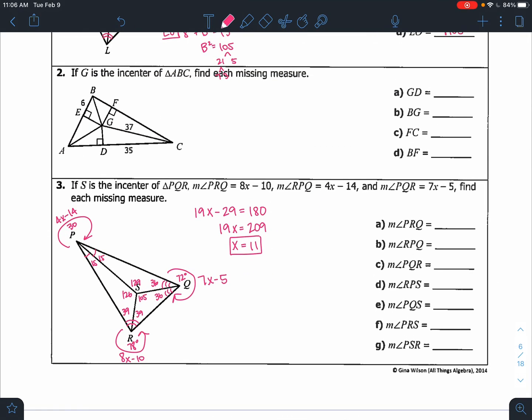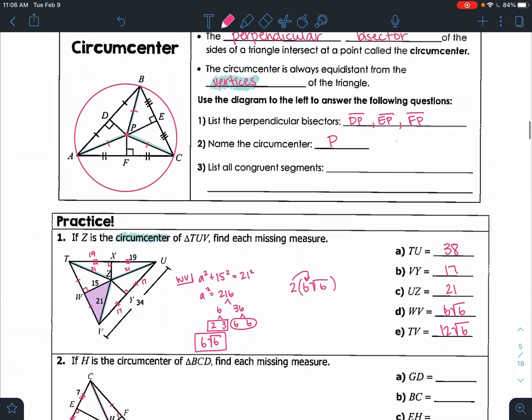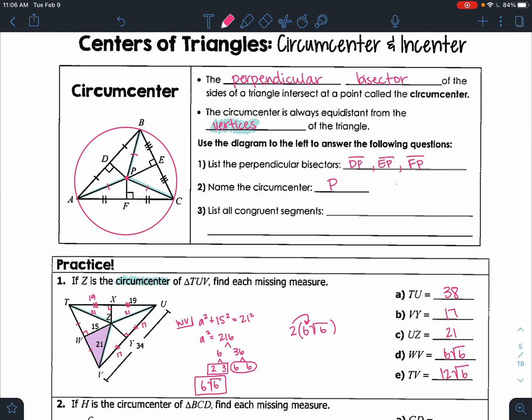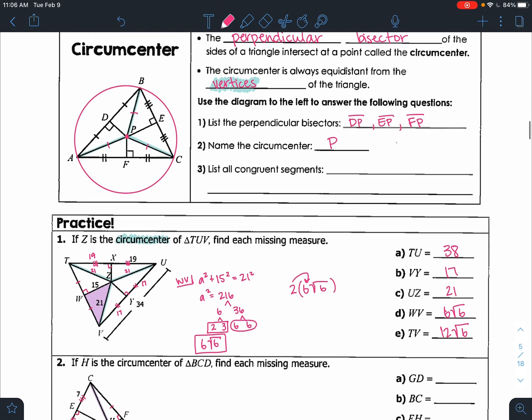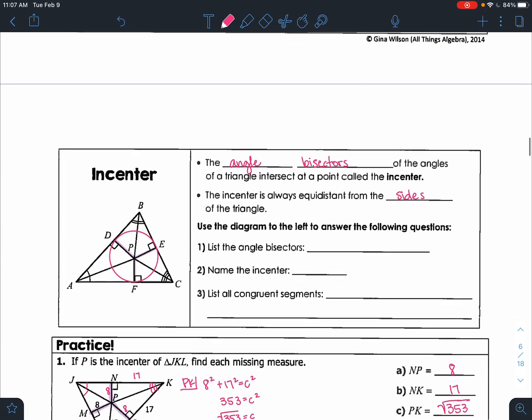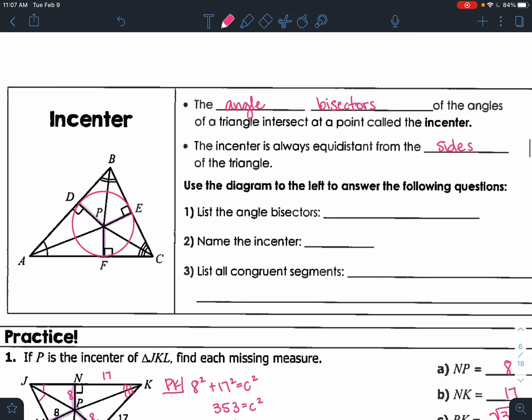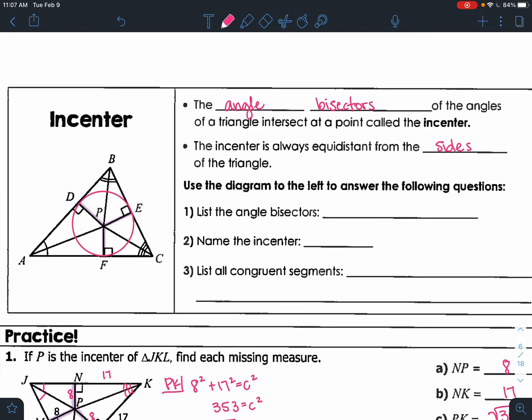So just as a recap, our perpendicular bisectors form our circumcenter. Our perpendicular bisectors split our sides in half. And our circumcenter is equidistant to the vertices of our triangle. For our incenter, it is formed by our angle bisectors, so our incenter is equidistant to the sides of our triangle and splits our angles in half.